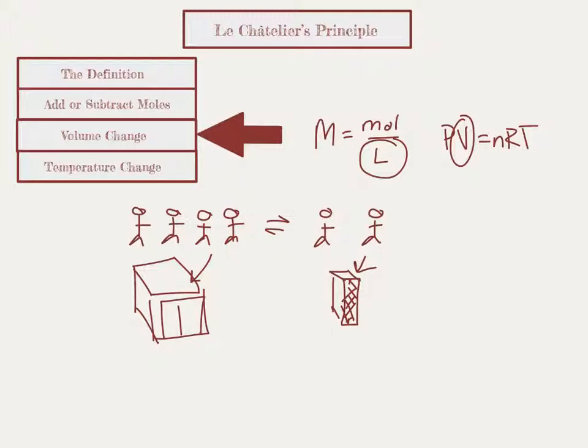This analogy works really well with both gaseous and aqueous situations. Let's consider, for example, that instead of 4 people, we were actually talking about 4 moles of gas in a common reaction. And those 4 moles of gas could yield 2 moles of gas.